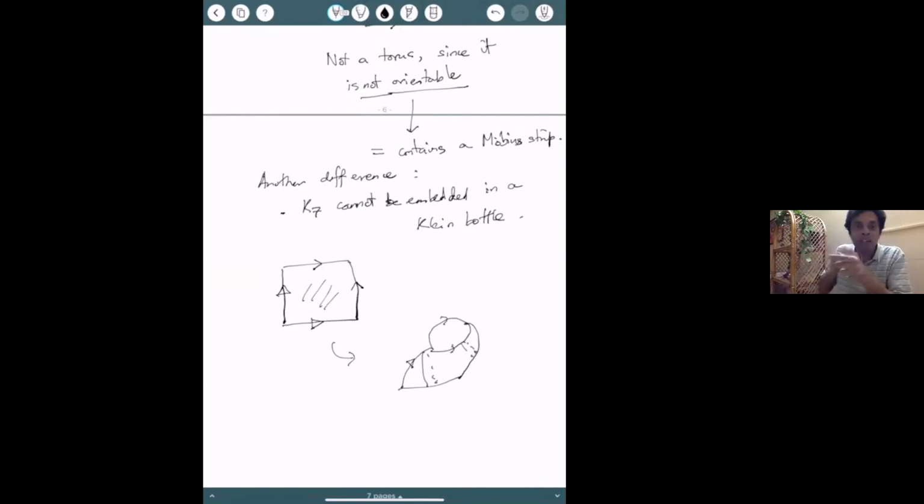Imagine sewing them up, as if it's a piece of cloth. Then you get something like this, and then when you sew these two together, you get this and this, and you've sewn up a pillowcase. So that's topologically equivalent to a sphere.